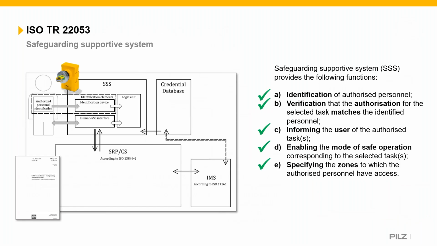If we look a little bit at some of the details around technical report 22053, there are devices from Pilz. This is a Pilz webinar, so yes, you will see some Pilz devices in there.